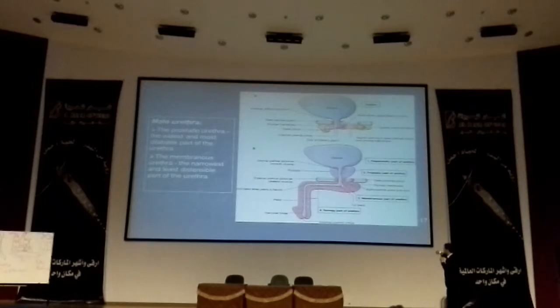The superior one and the widest one is the prostatic urethra, because it passes the prostate gland. And there is the membranous urethra, because it passes the deep perineal pouch and perineal membrane, so it's called the membranous urethra. Now we have the prostatic urethra.